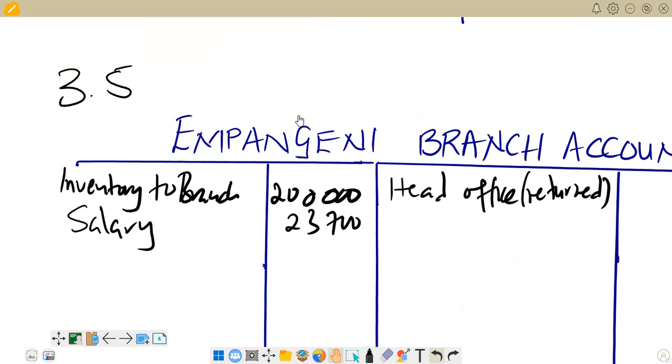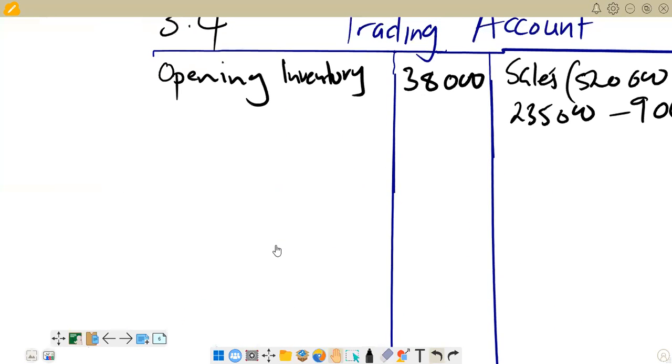Right, on the trading account, we come here. Remember, we're saying on the debit side. So here on the debit side of the trading account, we're saying purchases, and then on that purchases, we are saying 170,000 plus 60,000.